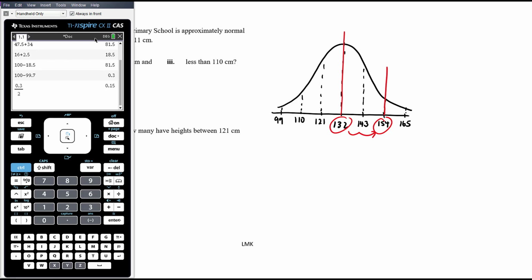We know within 2 standard deviations of the mean is 95%, so between there and there will be half of 95%, which is 47.5%.